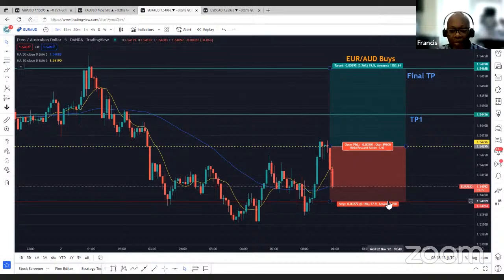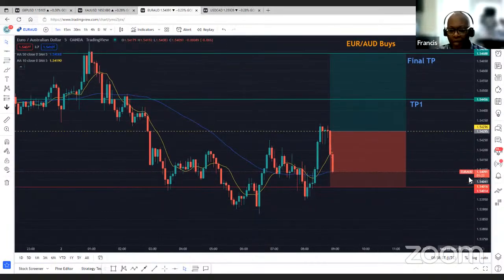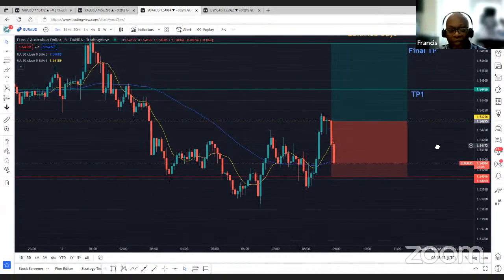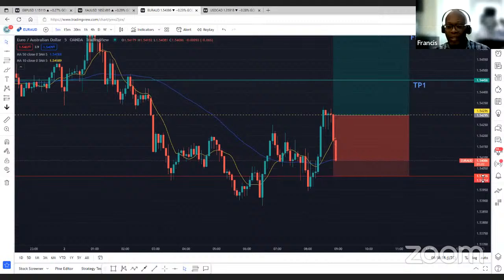You can see I'm risking about 28 pips here. I would say not to risk any more than that. I'm tempted to push my stop loss below this, but I wouldn't do that. You don't know how far it would possibly go; sometimes it could just go and hit your stop loss no matter how far you push it.